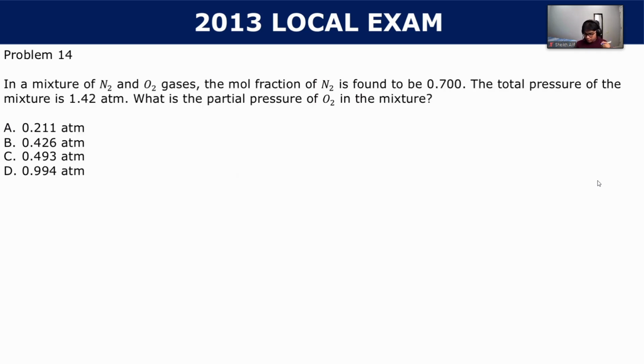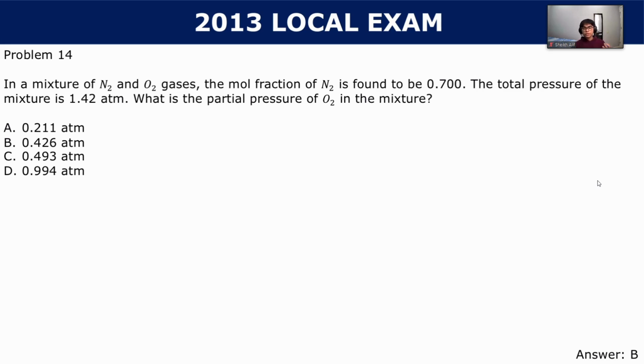Let's move on. Problem 14. In a mixture of nitrogen and oxygen gases, the mole fraction of nitrogen is found to be 0.7. The total pressure of the mixture is 1.42 atmospheres. What is the partial pressure of oxygen in the mixture? Okay, so remember that pressure and the number of moles are going to be related.